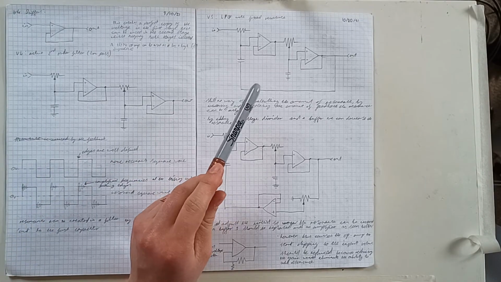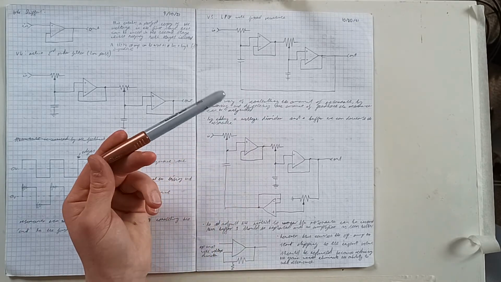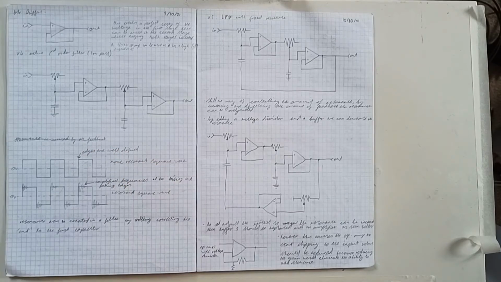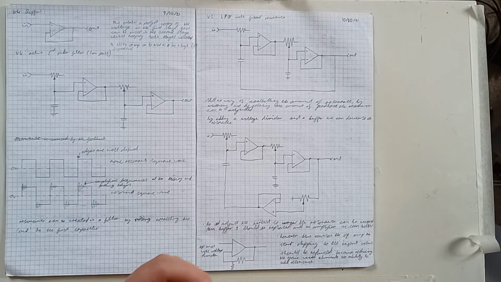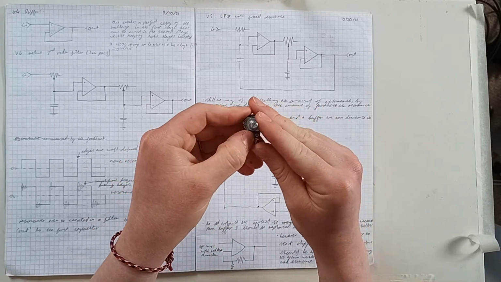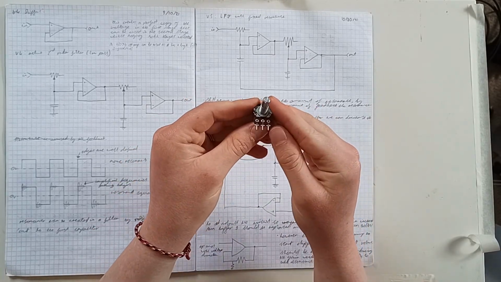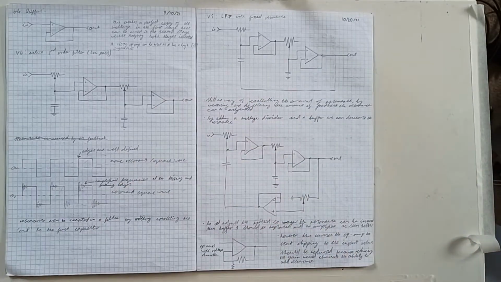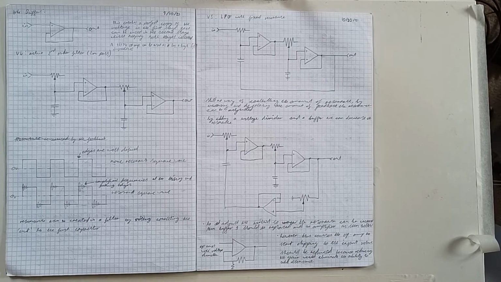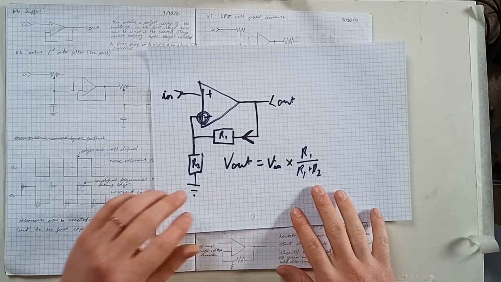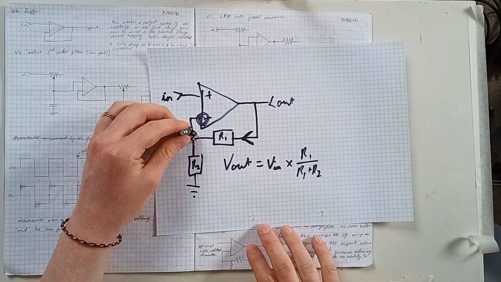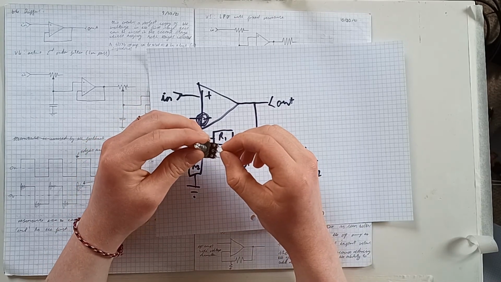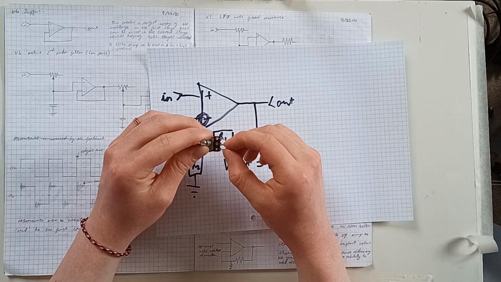Now, you also want to be able to control the resonance with a filter like this for a synthesizer. And the way you do that is you'd use your potentiometer again, but instead of just using these first 2 pins, you'd use all 3 pins and you would set it up as a voltage divider. So, as I showed earlier on with the amplifier, these 2 pins you can count as R1, and the bottom 2 pins you can count as R2.